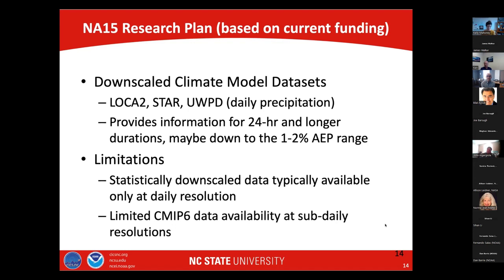So they're suitable for looking at the future for 24-hour durations and longer, and maybe, this is very fuzzy, down to the 1 to 2% annual exceedance probability range. Because they're daily, they don't directly address the sub-daily durations. In addition, there's very limited data availability in CMIP6 at sub-daily resolutions.